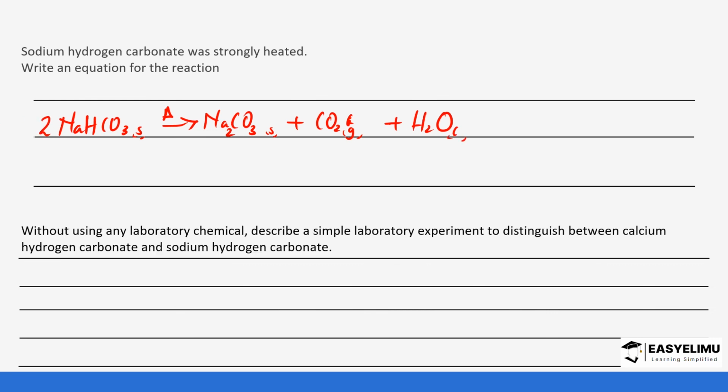And finally, without using any laboratory chemical, describe a simple experiment to distinguish between calcium hydrogen carbonate and sodium hydrogen carbonate. We are not going to use any chemical, we are just going to heat the two solids separately in two boiling tubes strongly.